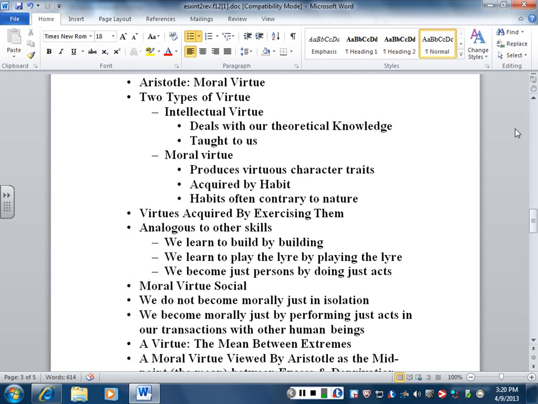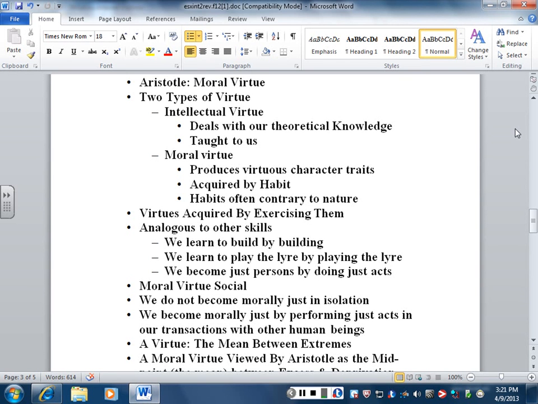Whereas most other moral theories are concerned with figuring out what's the right course of action, what's the right thing to do in this situation. So we saw that Aristotle is very much a social, he's very sensitive to the fact that we have a social nature.